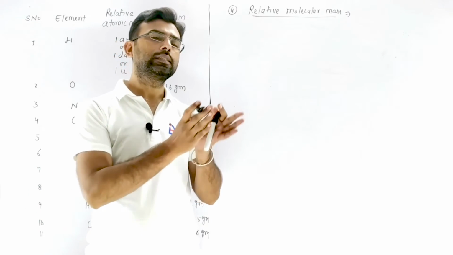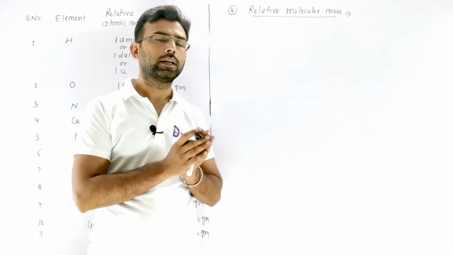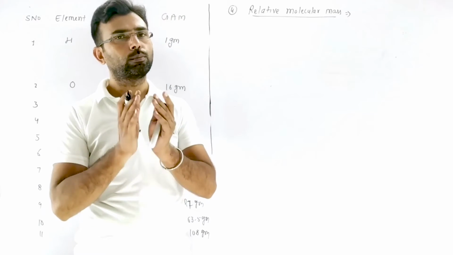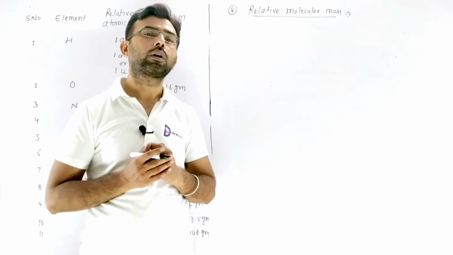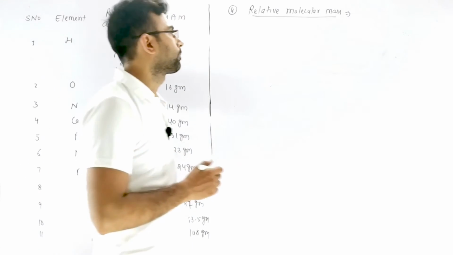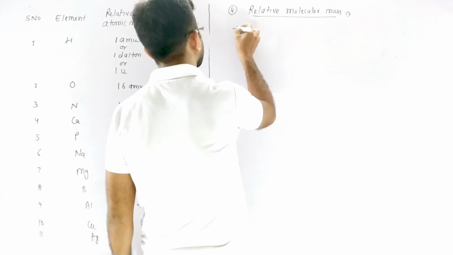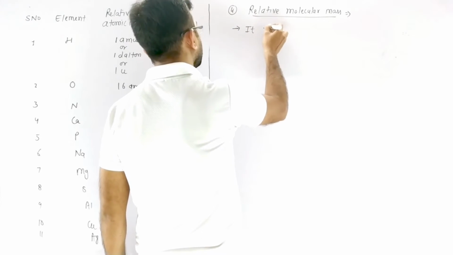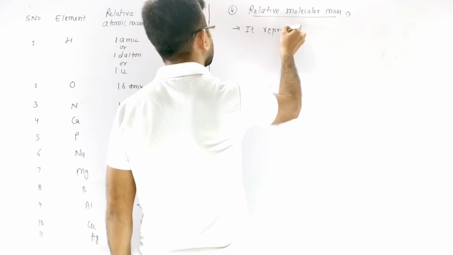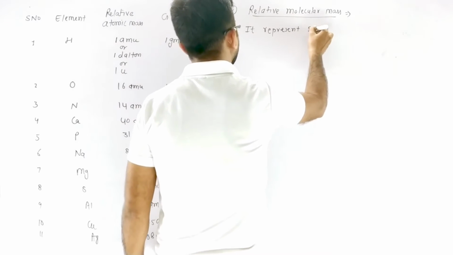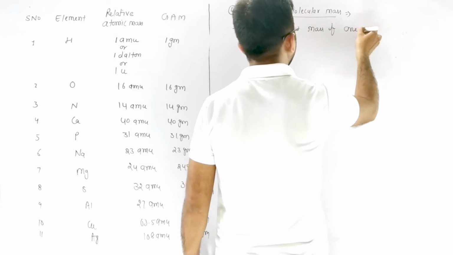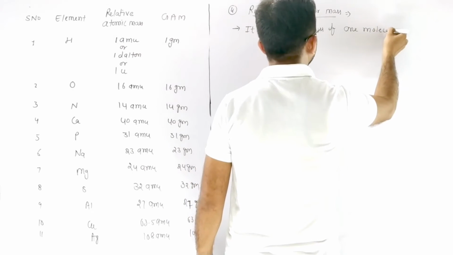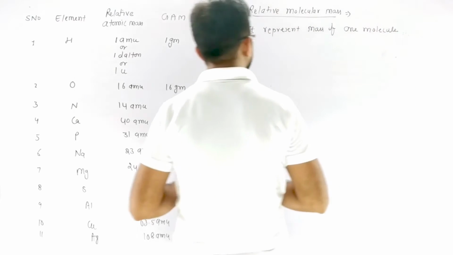Relative atomic mass is the mass of one atom and relative molecular mass is the mass of one molecule. So this term is especially for molecules. So we write that it represents the mass of one molecule.